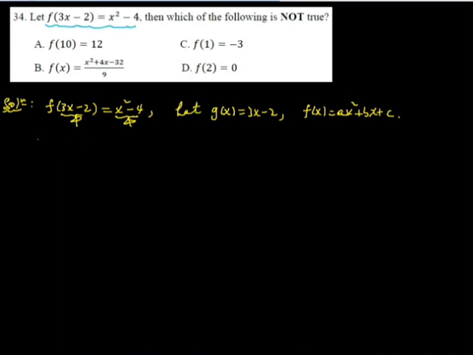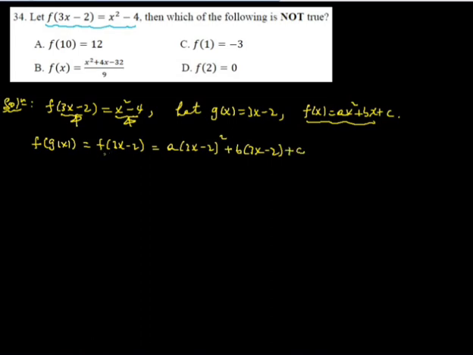So f of g of x, or f of 3x minus 2, means, according to this, a into 3x minus 2 the whole square plus b into 3x minus 2 plus c.